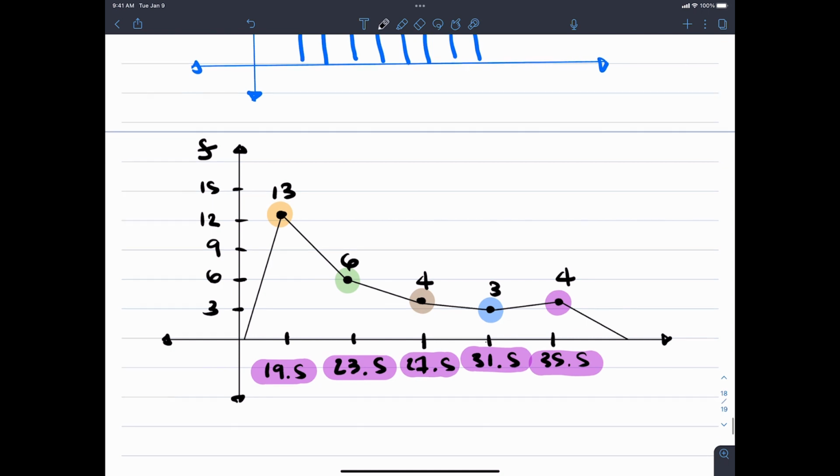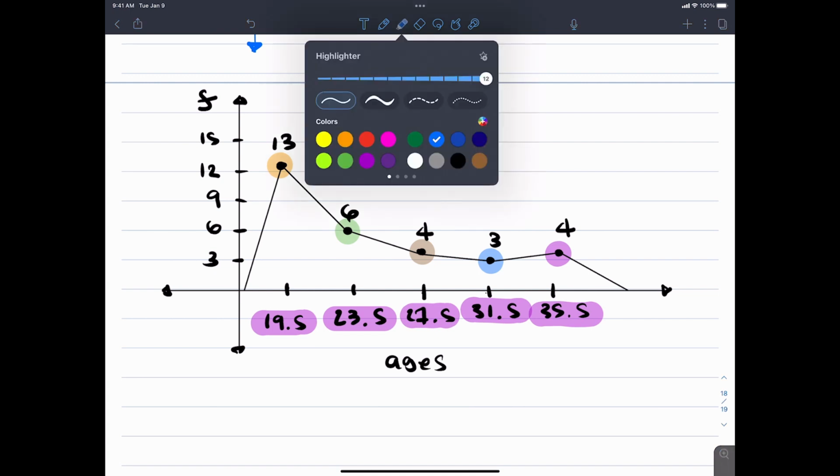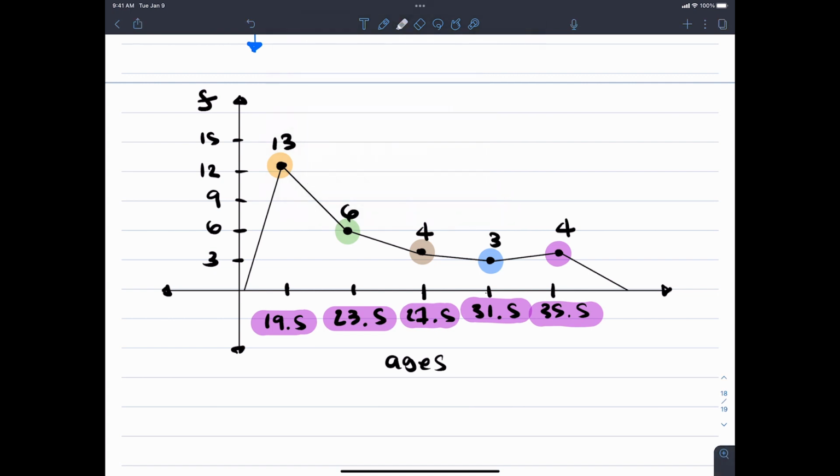And what you guys should see, again, this is going to be the data represents the ages. They're really the midpoints of your bins. Okay. And there's the frequency. Again, what's the whole idea of drawing a picture? So that you can see the what? The distribution, ladies and gentlemen. That's the whole idea.